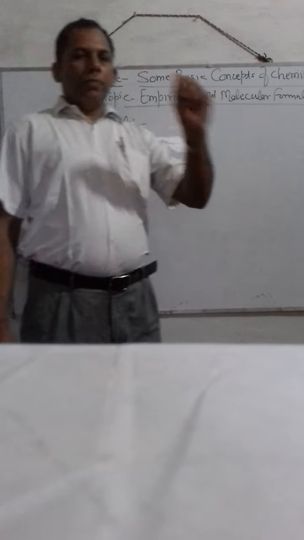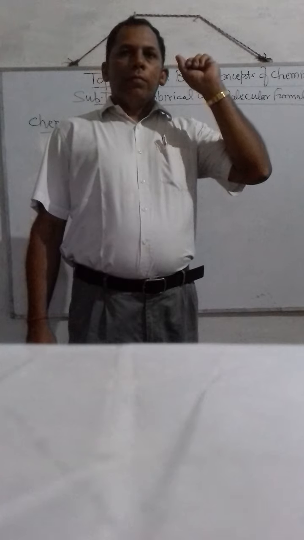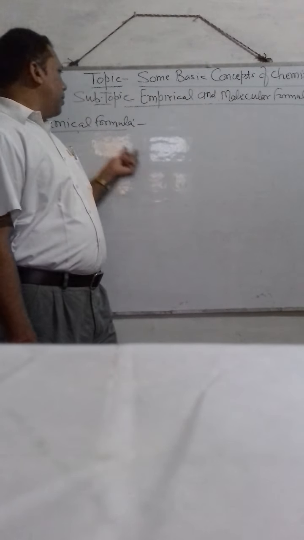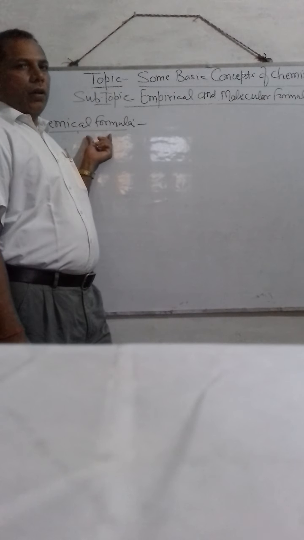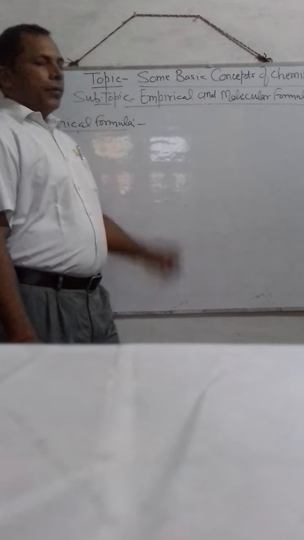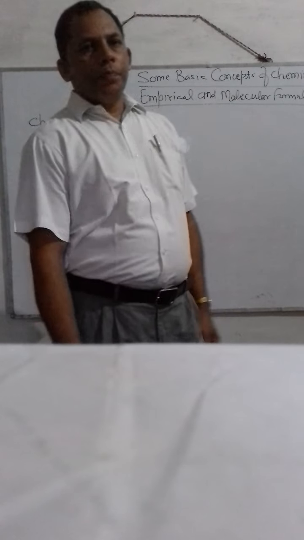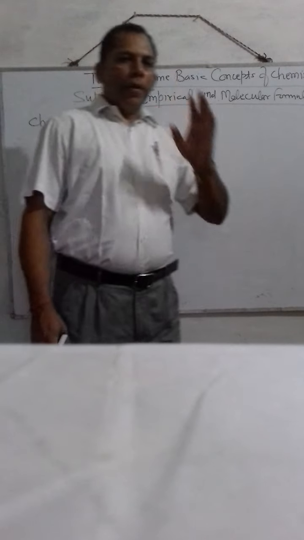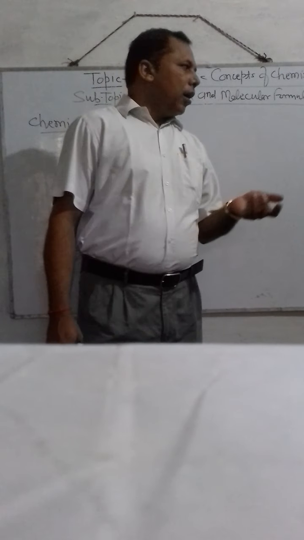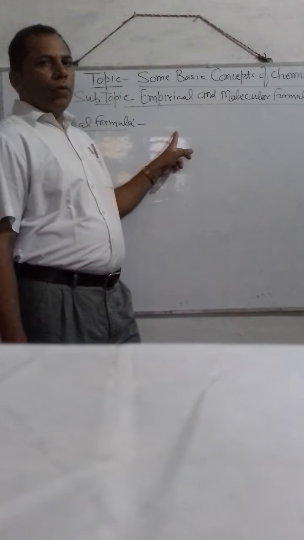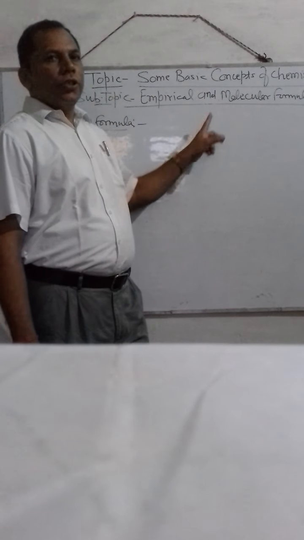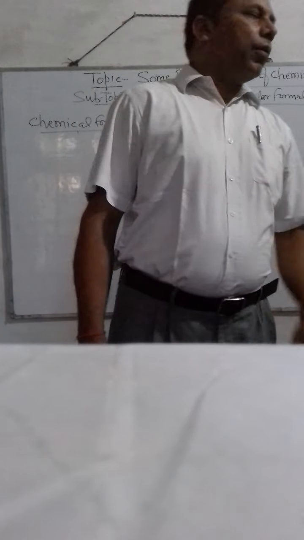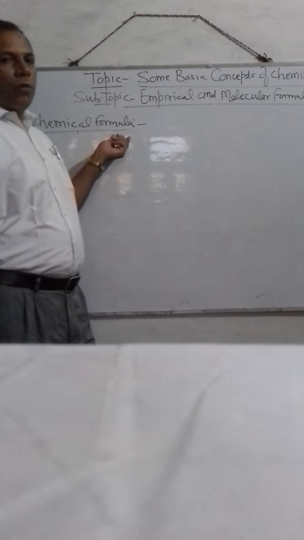The chemical formula of a compound is the brief or short representation of a compound in terms of symbols of atoms of various elements present in that compound.